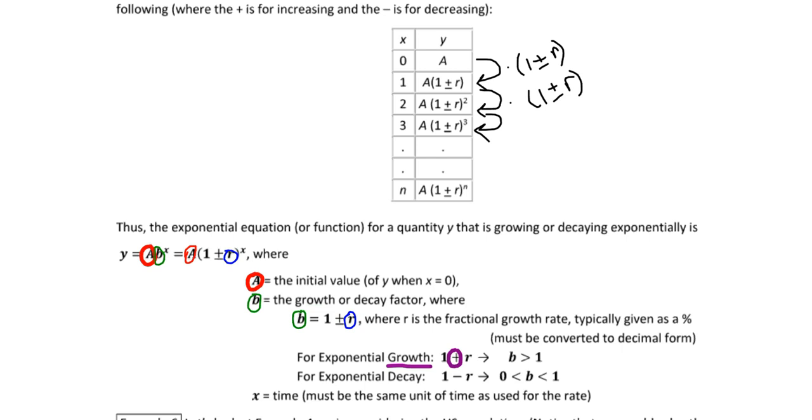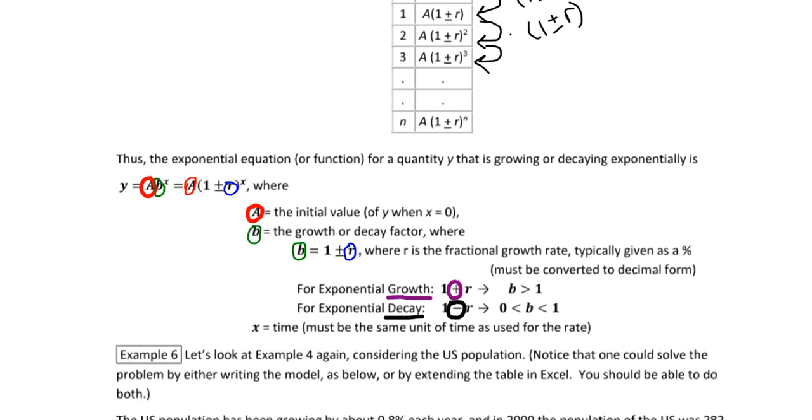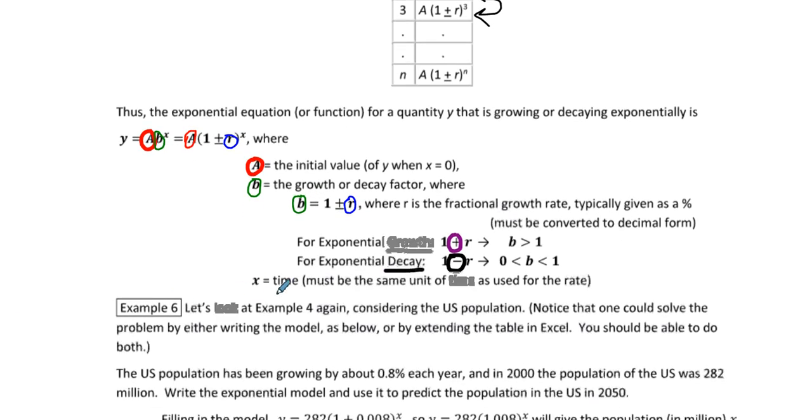If you have decay, then decay is going to be subtraction, 1 minus r, and that will give you a value in between 0 and 1. X will again be your input or independent variable, and that'll be in terms of time, whatever the unit of time is being described as in the rate. Like if you're talking about an annual growth rate, then X would be time in years, for example.